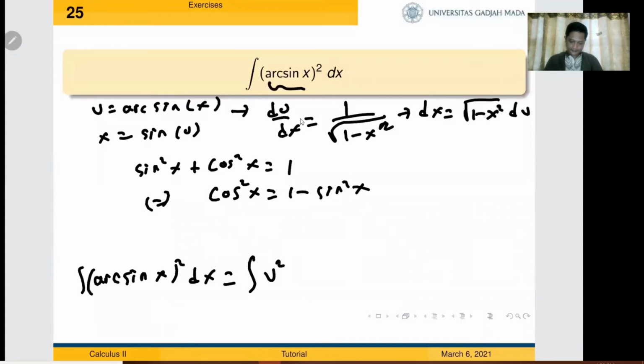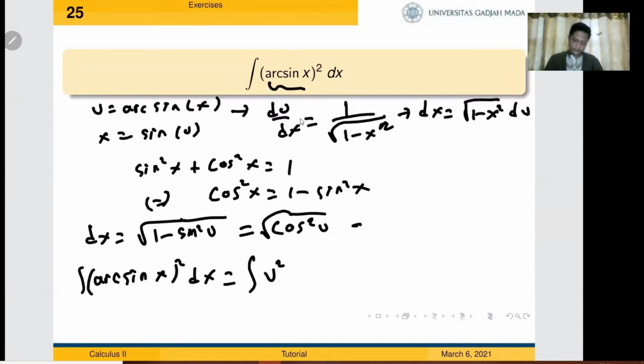We have to change this x because we don't want x. Dx is the square root of 1 minus sin squared u, so we have the square root of cos squared u, times du. This gives me cos u du. So I have dx equal to cos u du.